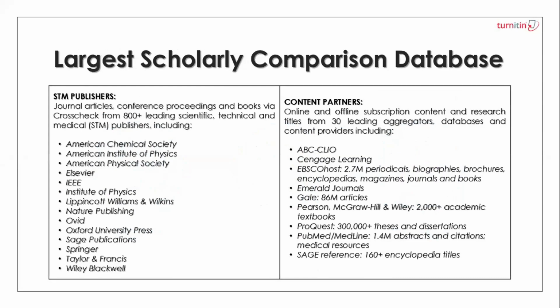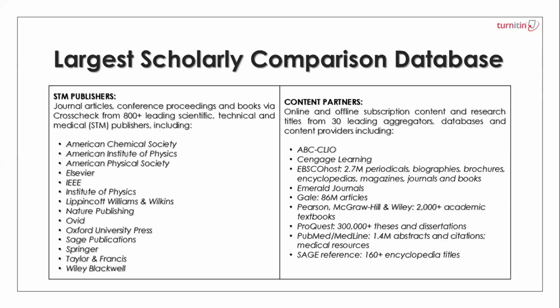So this is some of the publishers in the list that partner with Turnitin. You can see on the left are very well-known publishers, right? Like SCS, Elsevier, IEEE, Lippincott, Nature, Ovid, Oxford, Sage, Springer, Taylor & Francis, and Wiley. These are all the major publishers.